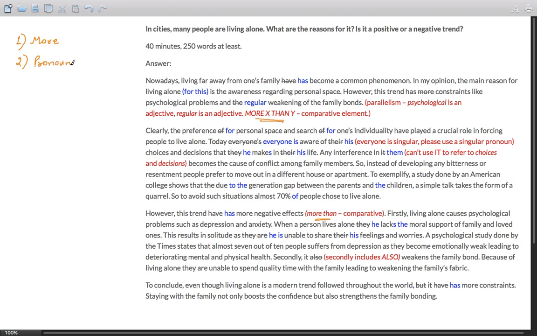Many students make mistakes with pronouns, and this student has made several mistakes, clearly showing the examiner that she lacks the proper understanding of pronouns. The third mistake is parallelism. Now, this is not a frequent mistake of this student, but a lot of students make this mistake, and I have explained parallelism in a number of videos as well as on my website.